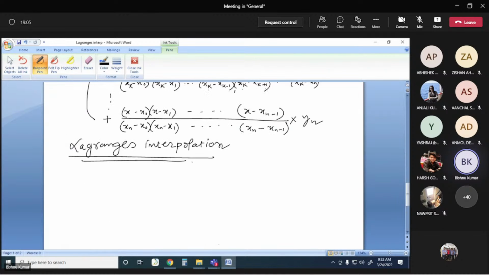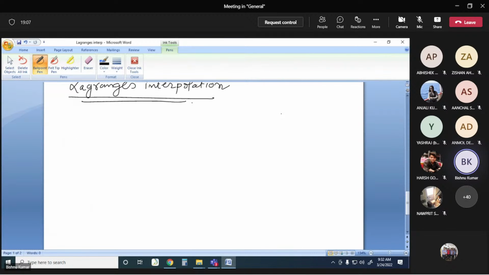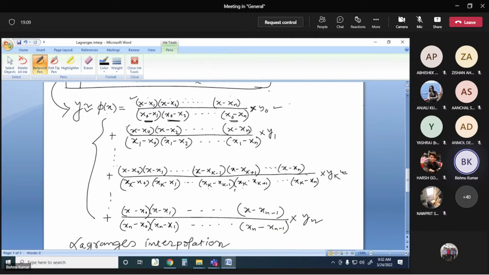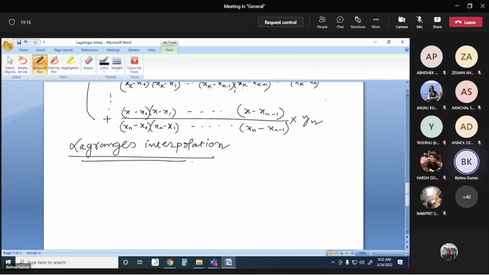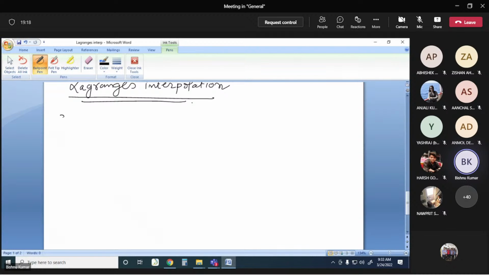For verification purpose, I am constructing a simple example, the same example as before. Suppose x is 0, 1, 2, 3, and y is 1, 3, 9, and 27.